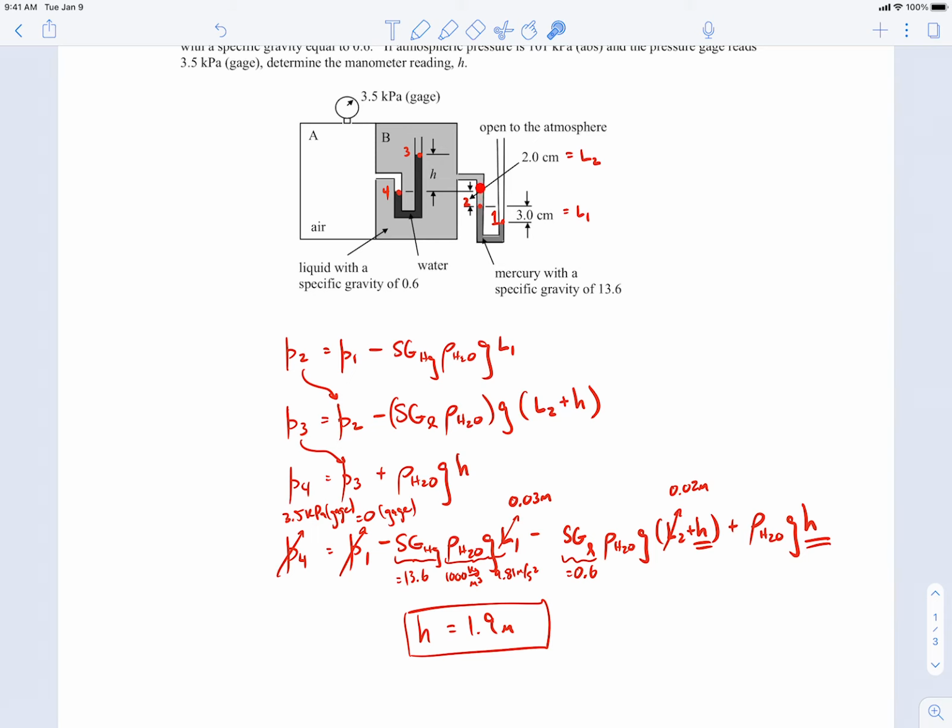Then we moved in a different fluid from point 2 to point 3, in this liquid. That was that relation. Then we finally moved in the third fluid, water, to go from 3 to 4. That's that equation. We already knew the pressure at 4 here because it's given right there. This is a gas, so we don't have to worry about elevation differences there. Then it's just a matter of algebra. All right, we'll end it there.